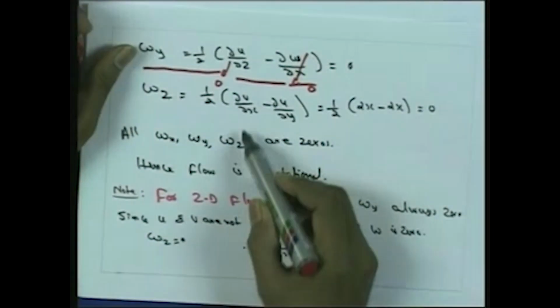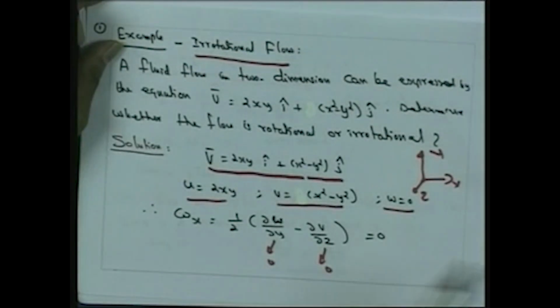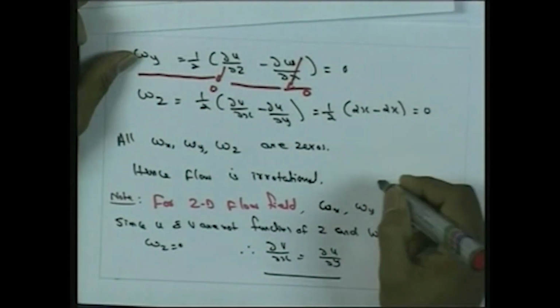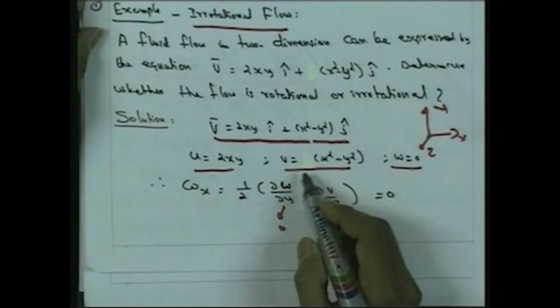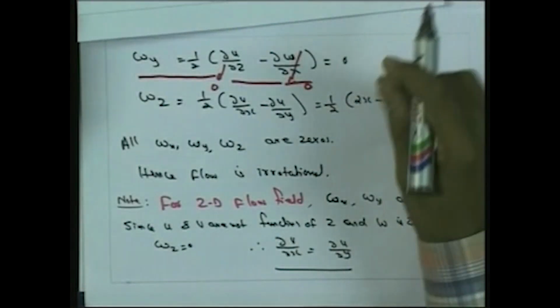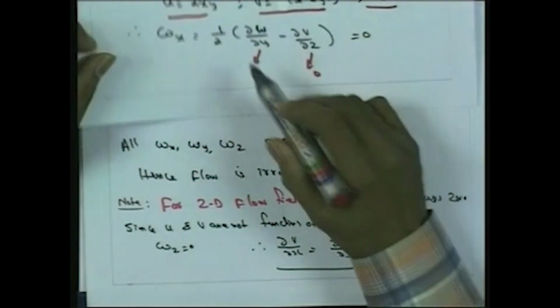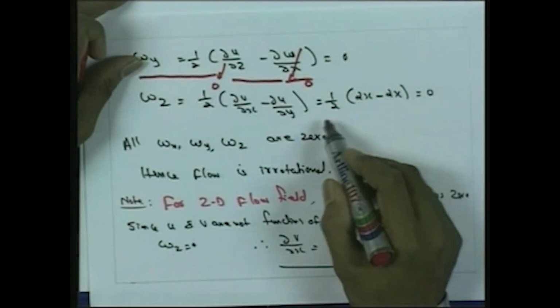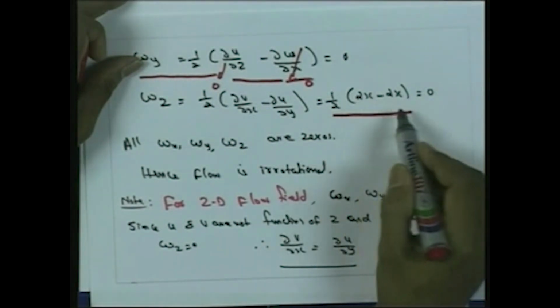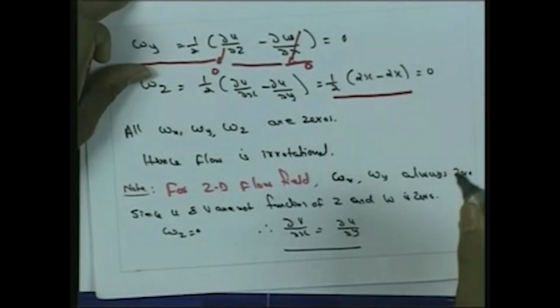If you differentiate v with respect to x, del v by del x will be 2x, and del u by del y will again be 2x. So half of (del v by del x minus del u by del y) will be half of (2x minus 2x), which is also equal to 0.